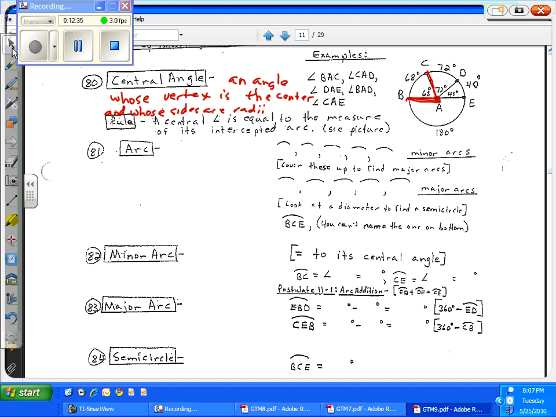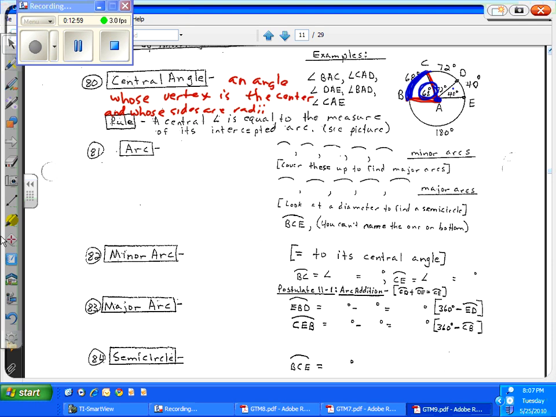Notice that the measure of this central angle is equal to the measure of its intercepted arc. In other words, when the vertex of the angle is the center, then the angle is equal to the arc that it intercepts. Okay? A central angle is equal to the measure of its intercepted arc.